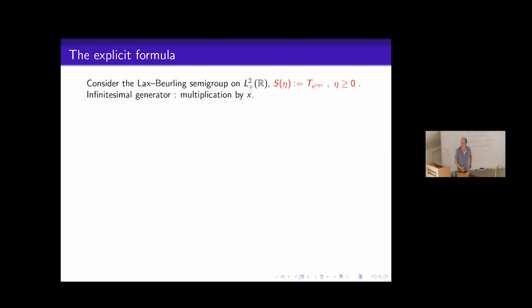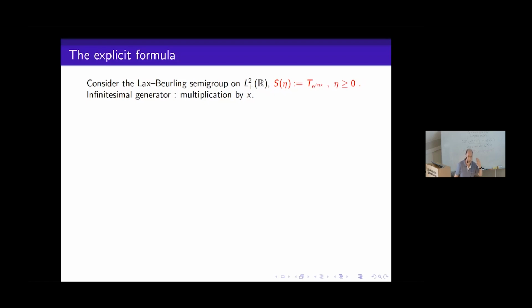Now the explicit formula. So I'm going to quote Lax for the third time, about the Lax-Beurling semigroup on L^2 plus. The Lax-Beurling semigroup is something very simple that people from dispersive equations know as Galilean transformations. So multiplication by e^{i eta x}, except that we are on the Hardy space.